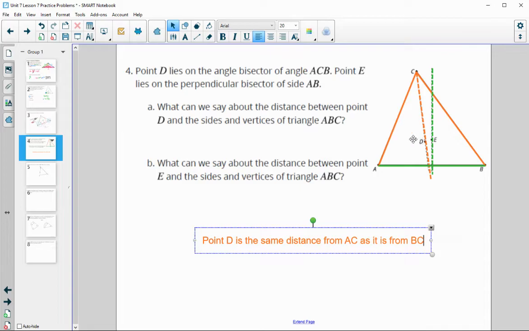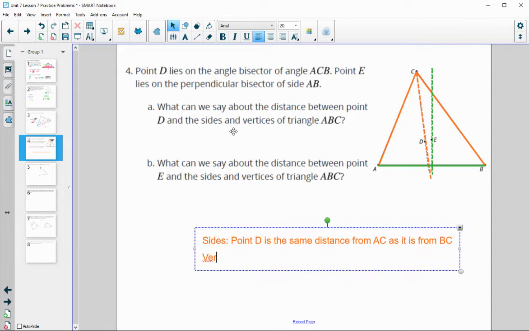So D is equidistant from the orange sides. Okay, and then what would we say? So that's for the side. So it says sides versus vertices. So for the sides, we can say that. And for vertices, we can't say exactly how far it is from the vertices.